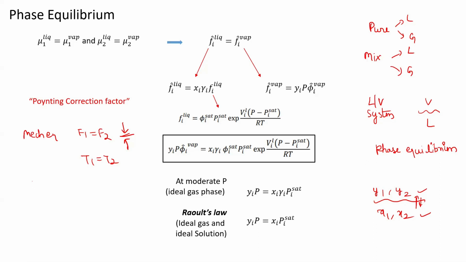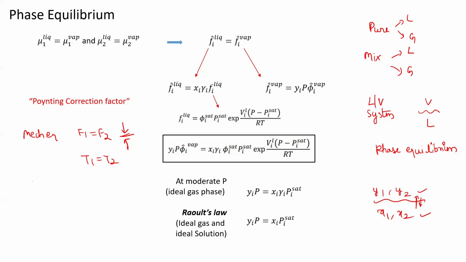Now, there can be a few assumptions. At moderate pressures, the gas mixture can be assumed to follow the ideal gas mixture. That's why phi i vapor is assumed to be equal to 1. On the right hand side, phi i sat is also equal to 1 at moderate pressures.